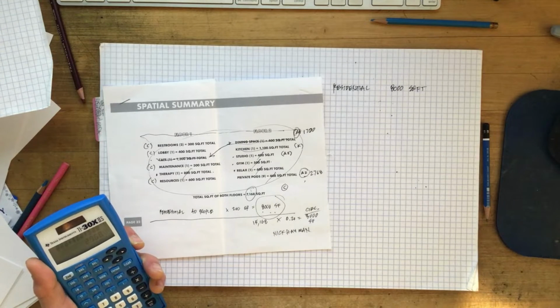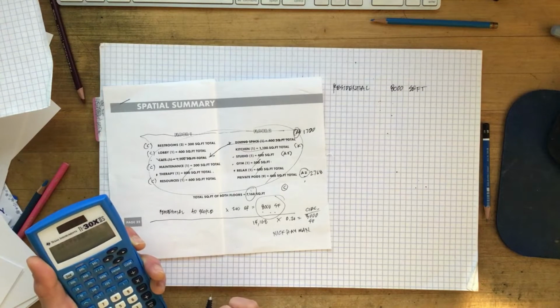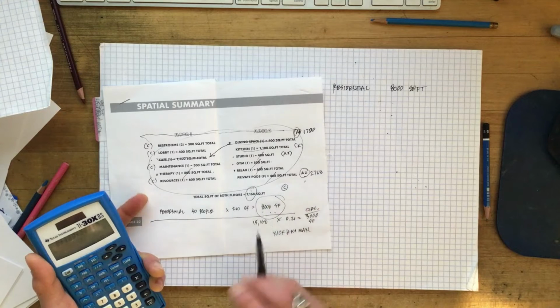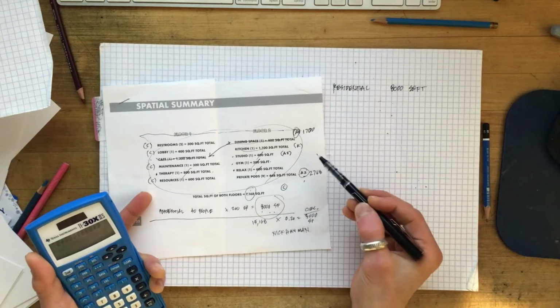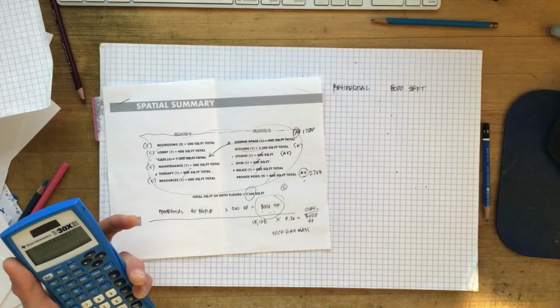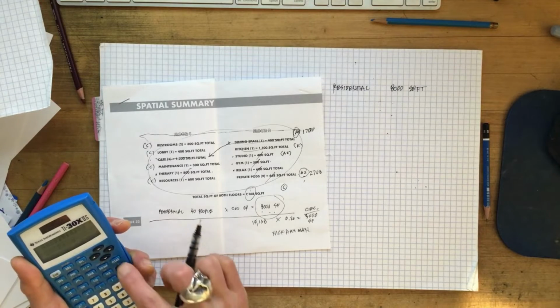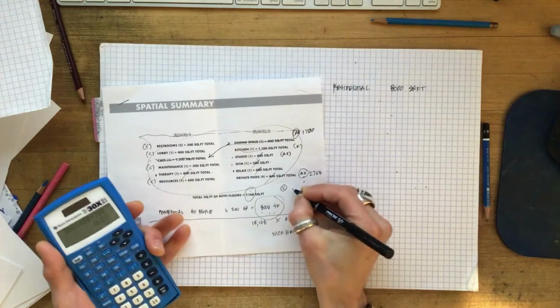We can figure that out. 300 plus 400 plus 300 plus 600. 2, 3, 4 is all going to be resources. Plus, that's about 1600.